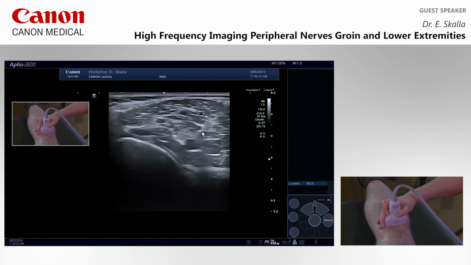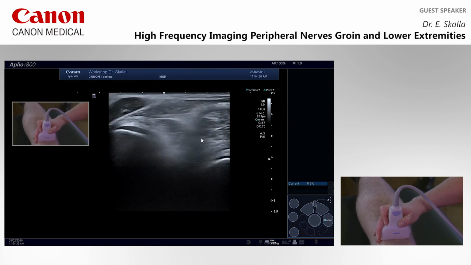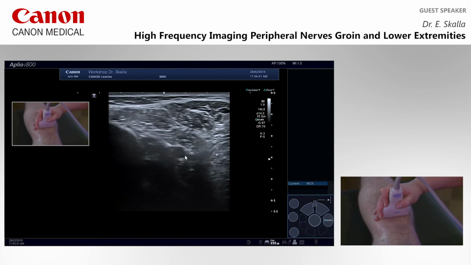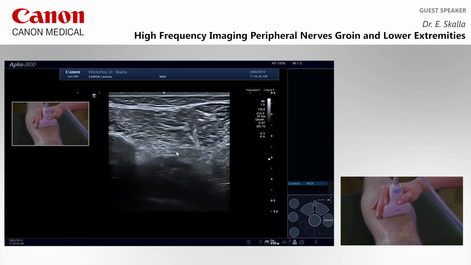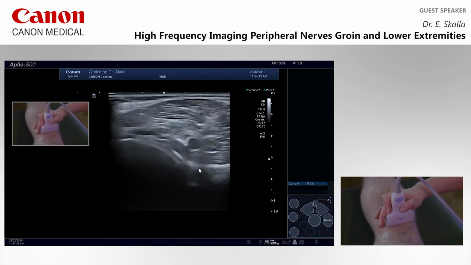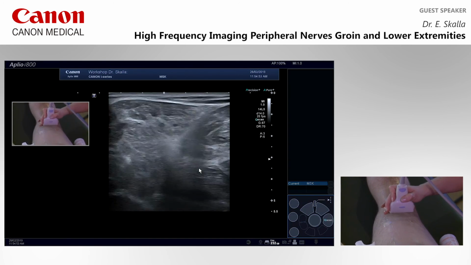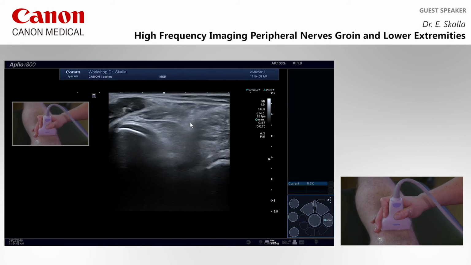Here's the nerve, and then under the tendinous arch of the soleus muscle, which is here. This one. So just the center of the distal thigh. Here's the tibial nerve.